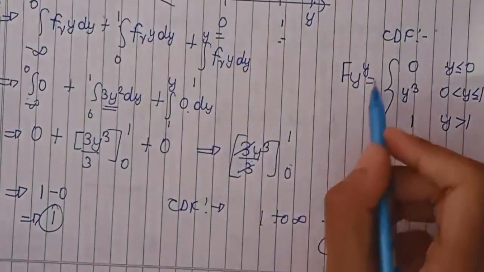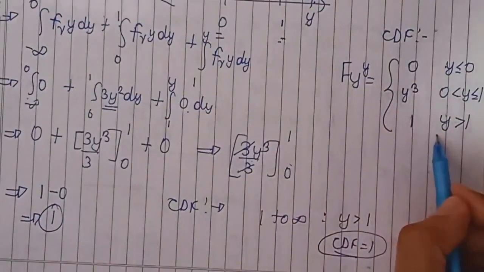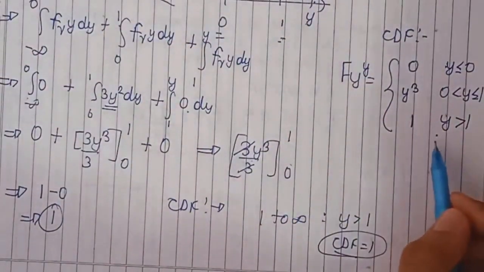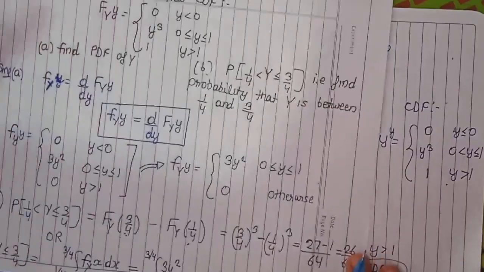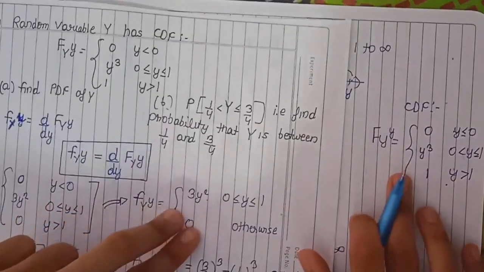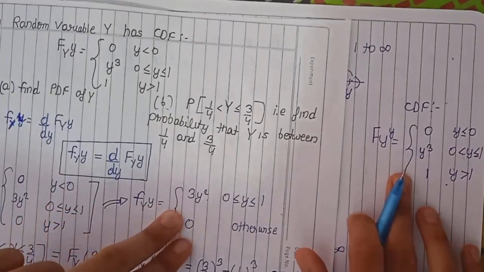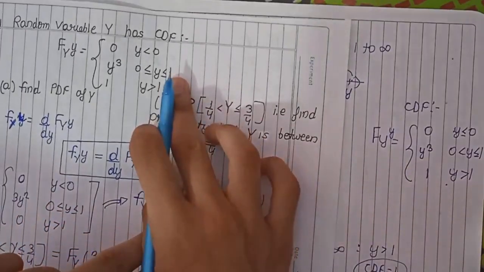And now you can match this answer with the CDF value that we have taken earlier to check this. So as you can see, the CDF that we got from our answer is the same as the CDF with which we started our answer.